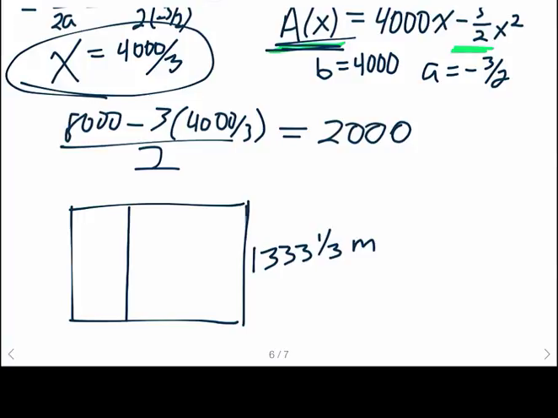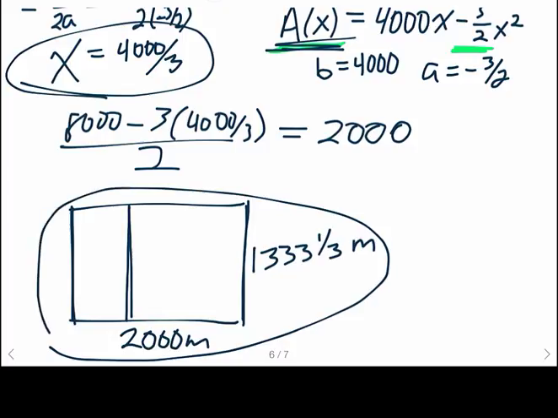And because this is a rectangle, it's good enough to label one of those 3 verticals. And then for the width, 2,000 meters. And I'm going to call that good enough for the dimensions that maximize the area.